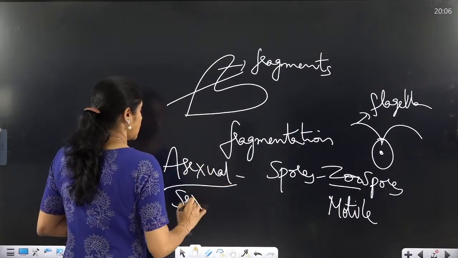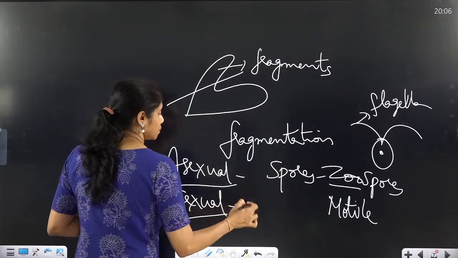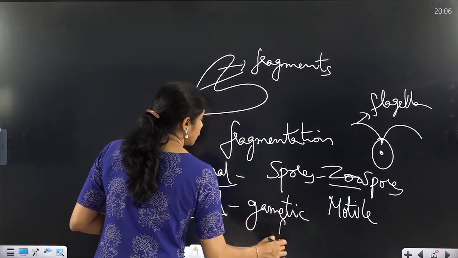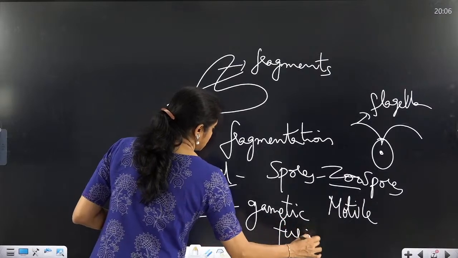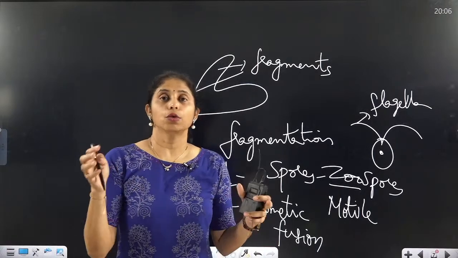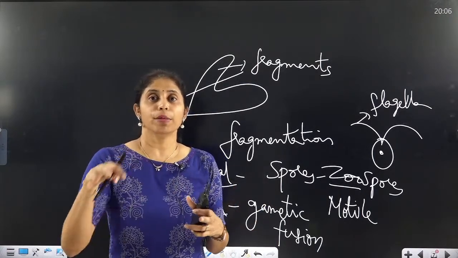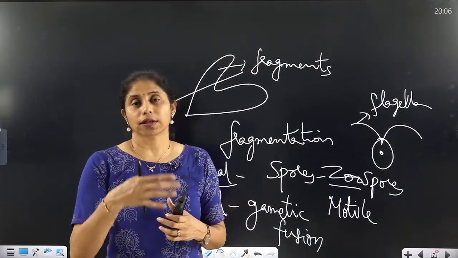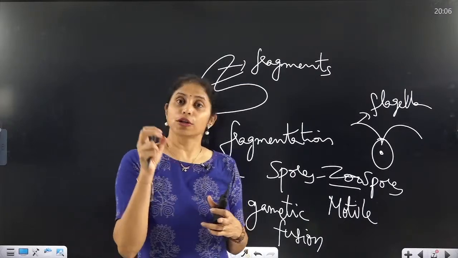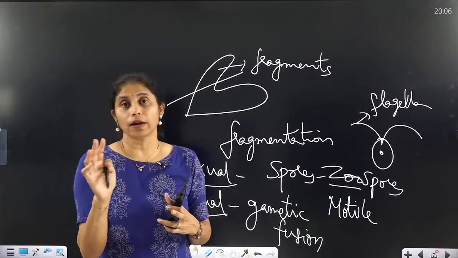Sexual reproduction is done by gametic fusion. Gametes will be formed and they will fuse. Two types of gametes will be formed, and the two gametes will fuse in the medium, that is, the surrounding water, resulting in the formation of a zygote. But the zygote will never develop into an embryo.